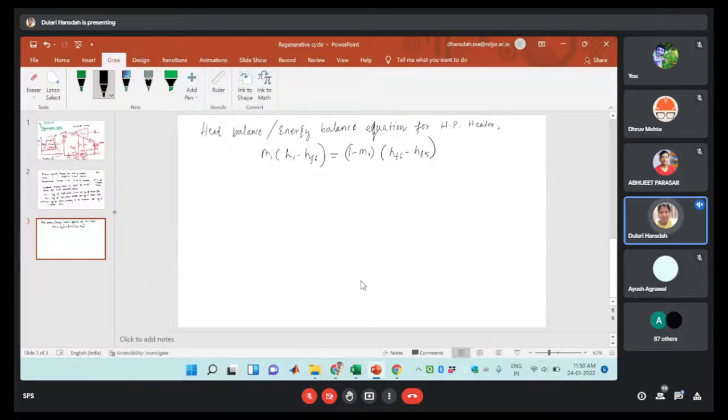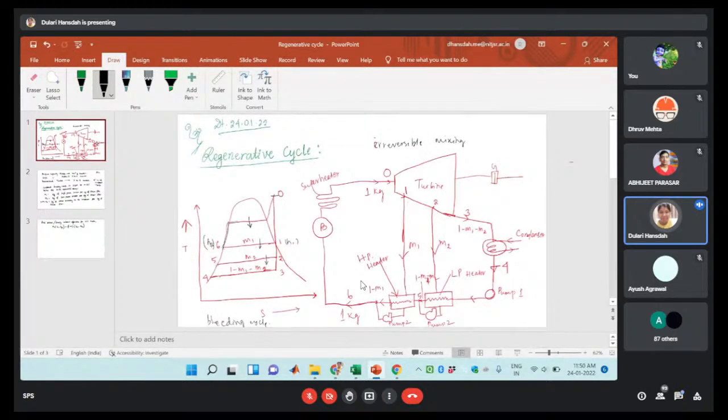High pressure heater means high pressure steam is entering this heater. So this is the energy balance equation. M1 amount of steam is entering, and here it is H1 minus HF6, the heat added in this condition. Then we consider the inlet to this condition, so it will be (1 minus M1) (HF6 minus HF5).